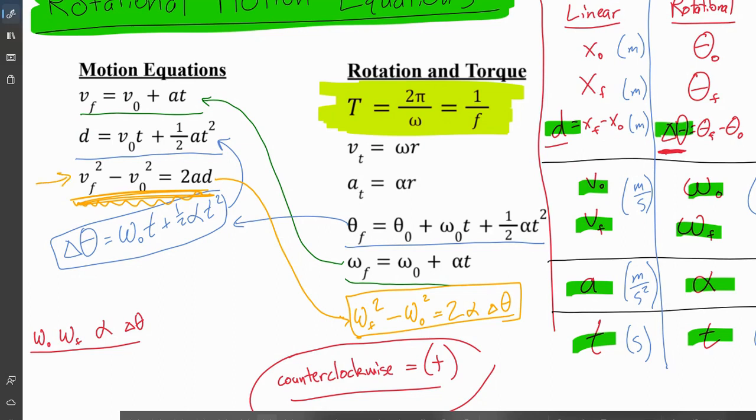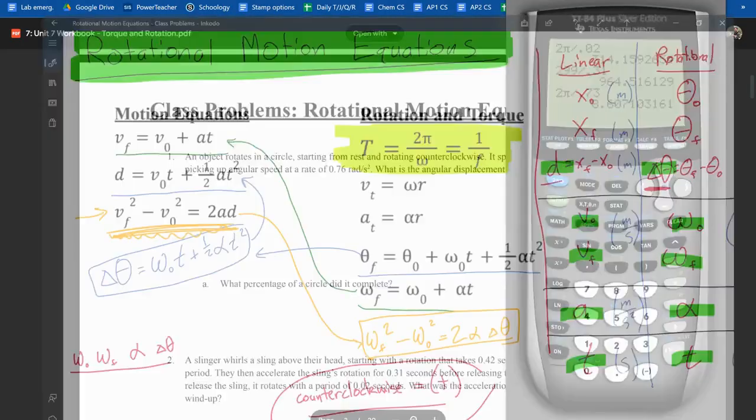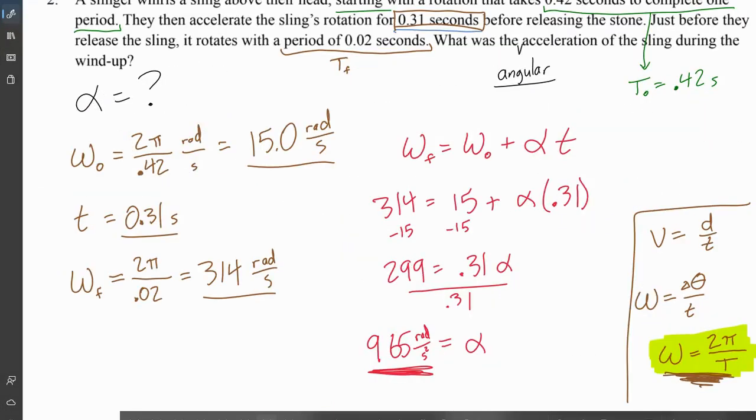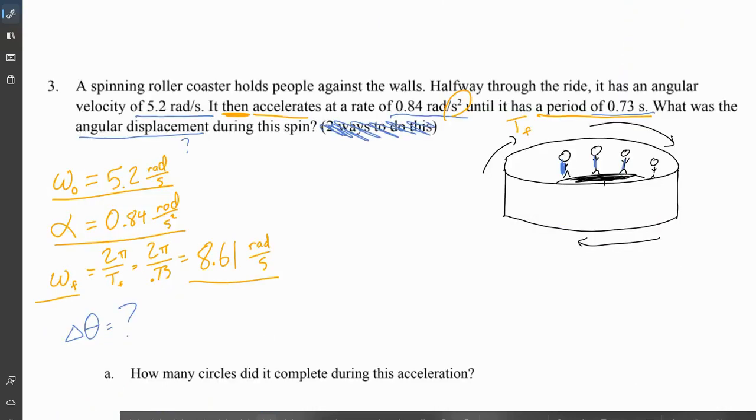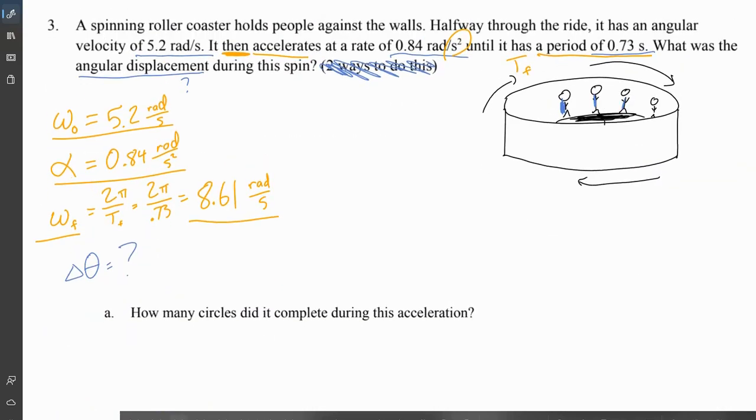Okay. So we've got, oh, I just need the next page here. All right. We've got now this equation that we've just come up with, omega final squared minus omega naught squared equals 2 alpha delta theta. All right. All we have to do is plug stuff in now. Well, omega final 8.61 squared.